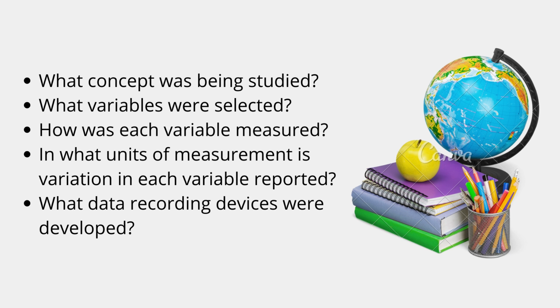You should ask yourself questions such as: what concept was being studied, what variables were selected, how was each variable measured, in what units of measurement is variation in each variable reported, and what data recording devices were developed.